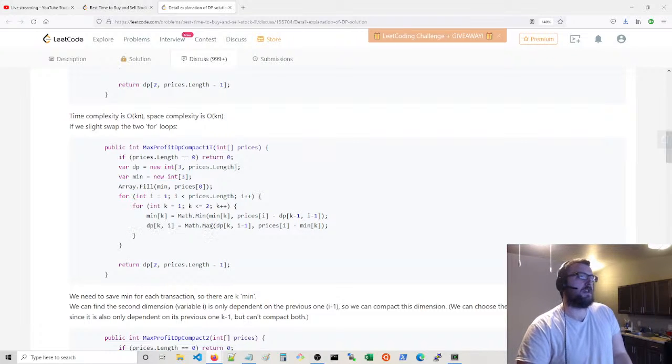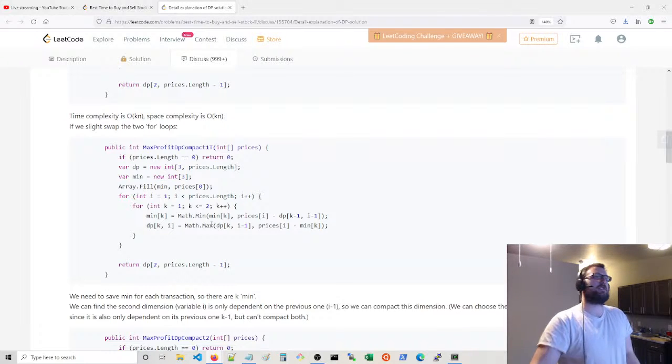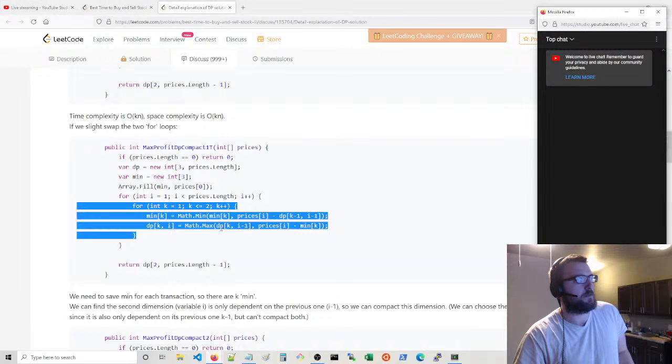Like, if you're going forwards and backwards or what have you, so if you change dp of k moving forward, I think his routine here needs to be modified, potentially.